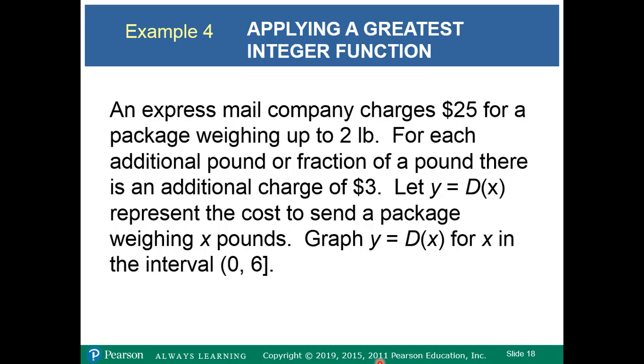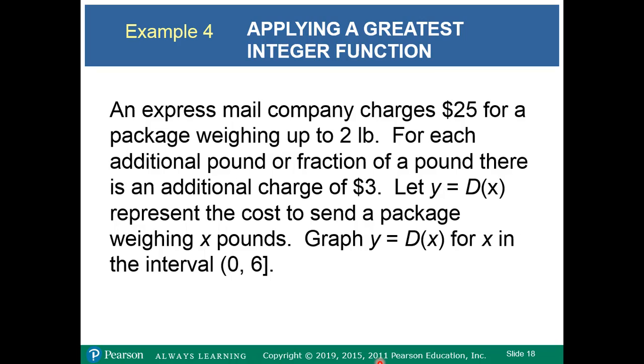We're going to graph y equals D of x for x in the interval from 0 to 6. So from 0 to 2 pounds, you're going to pay $25. And then for each additional pound or fraction of a pound after that, it's going to be an additional charge of $3.